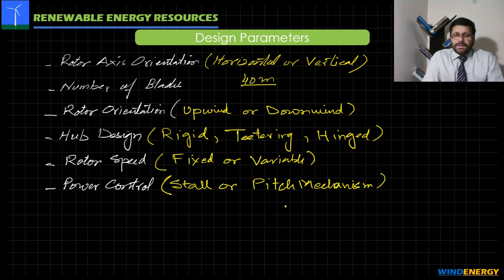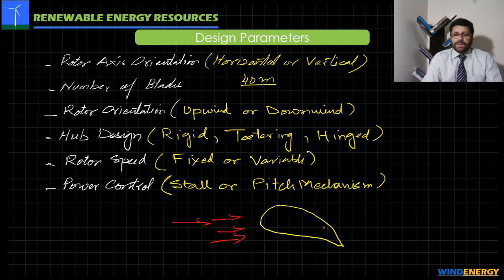Let's say you have a blade profile like this and wind is coming and striking this profile, so you make the aerofoil of the blade such that there is going to be a favorable ratio between the lift and the drag. So you are making the profile of the blade such that there is going to be no change as far as the rotation. So you are controlling the power through stall mechanism.